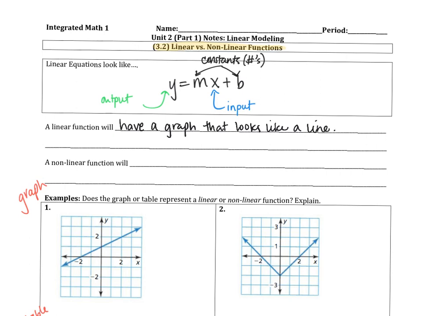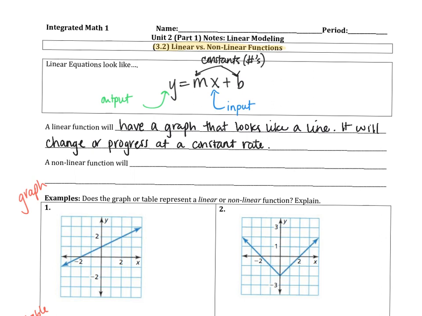It will change or progress at a constant rate. So if a function is a linear function, it's going to have a graph that looks like a line, and that line will be changing or progressing at a constant rate.